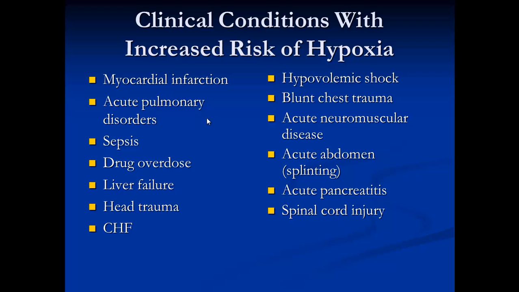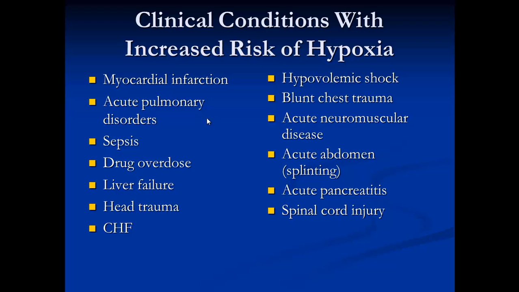Clinical conditions that could increase the risk of hypoxia from pulmonary problems, and since the pulmonary system is connected to the circulatory, patients could have myocardial infarction from the ischemic process. Sepsis could produce hypoxia, drug overdose, liver failure, CNS disorders, CHF, hypovolemic shock as well due to ischemia, blunt chest trauma, acute neuromuscular diseases, acute abdomen.